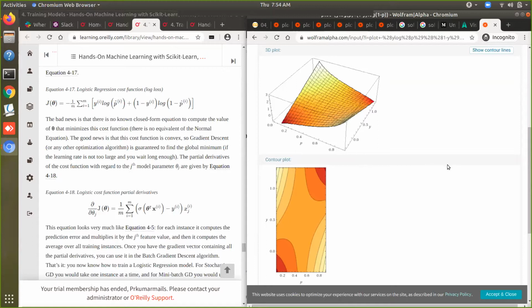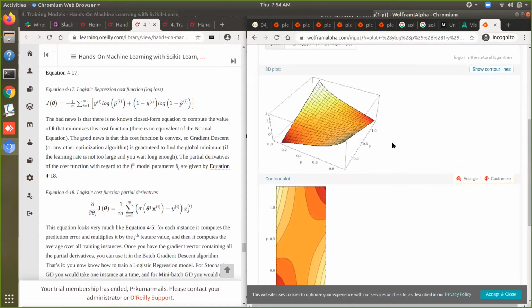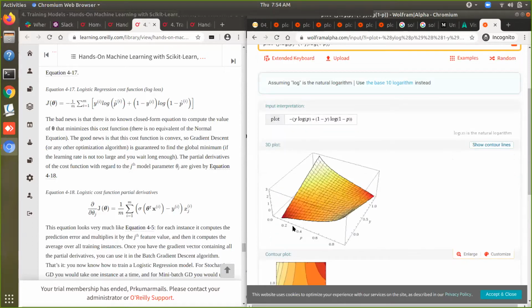Yes, Joseph. As you said, the y that we are seeing here goes from 0 to 1, but in our actual scenario we will get either 0 or 1. Yes, in any two-way classification problem you only have y equals 0 or y equals 1.